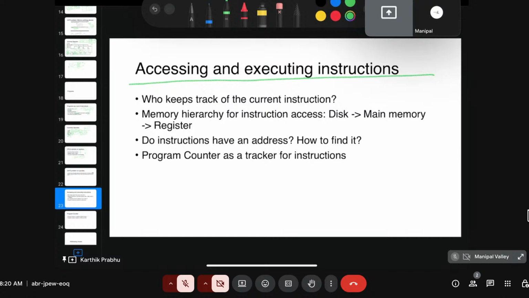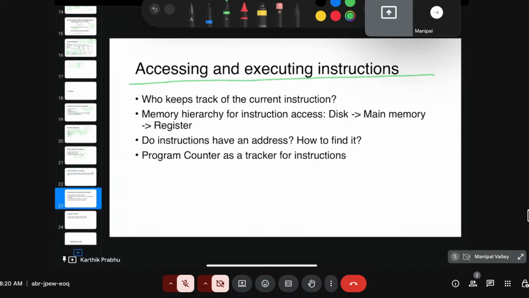By convention, the program's base address is the address of the first instruction. This is also a common theme in arrays and any data structure: the address of the entire data structure is always the address of the first element in it. This is a very common theme.